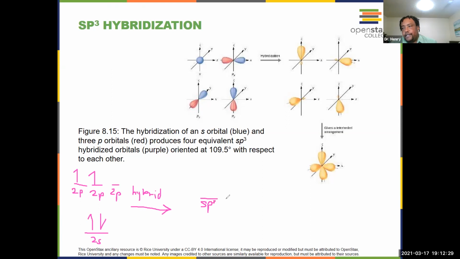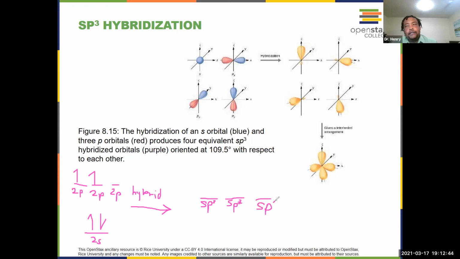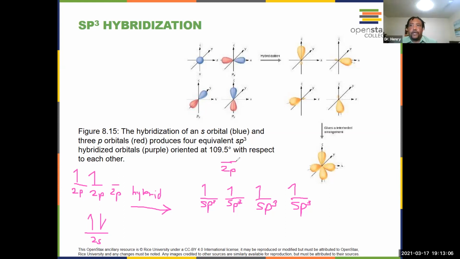And how many of those will we have? 4. Okay, so now this is ready for bonding. If we had 3 or 4 H's, the H's would come in and provide theirs. And then we get this.